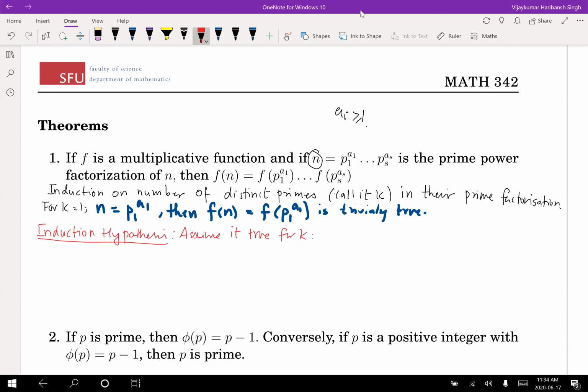That means if n equals p1 to the power a1 dot dot dot pk to the power ak, then f of n is f of p1 to the power a1 times dot dot dot times f of pk to the power ak.